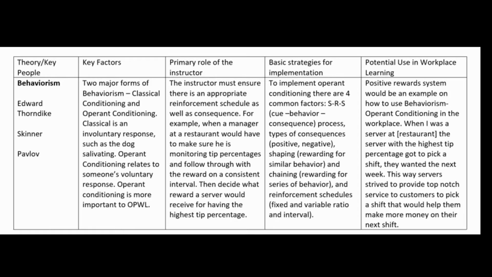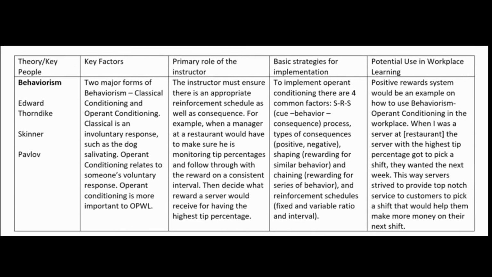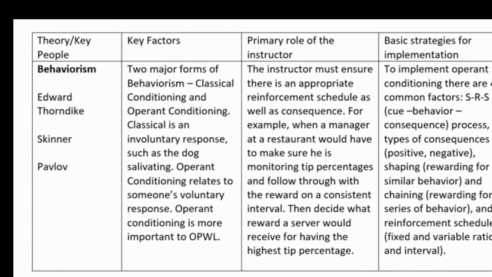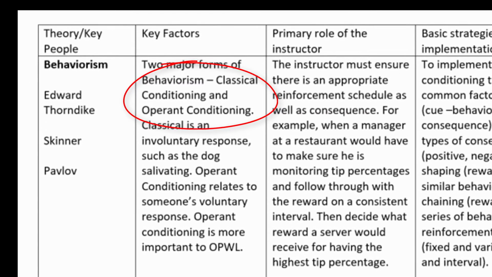For each of these theories, you'll summarize the material we've learned, focusing primarily on ideas that are most pertinent to workplace learning. For example, when we learned about behaviorism in Module 3, we discussed its historical roots, including classical and operant conditioning.